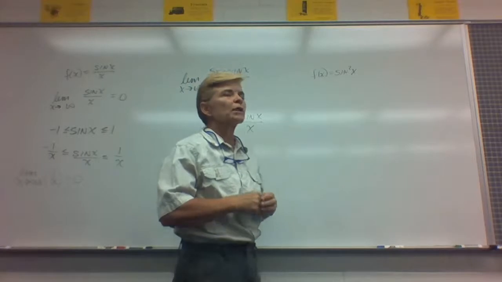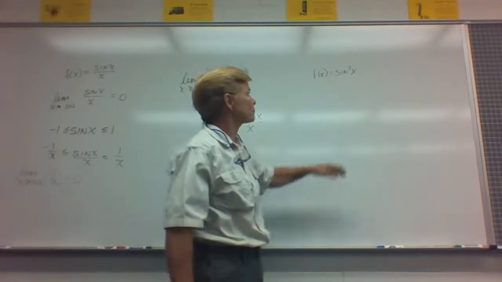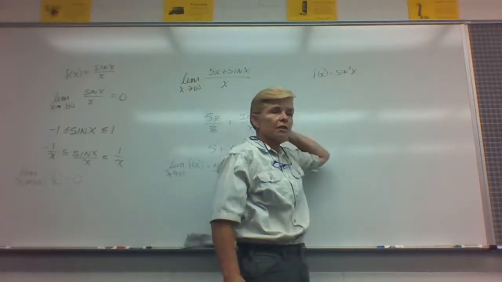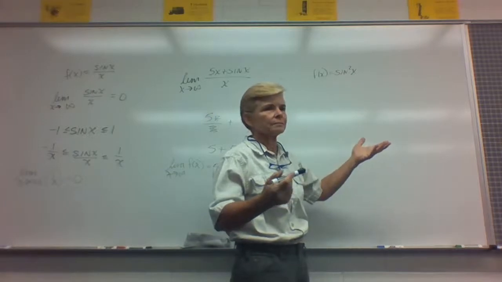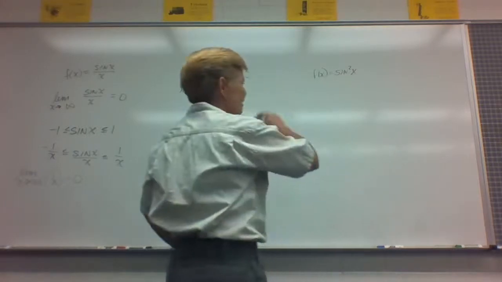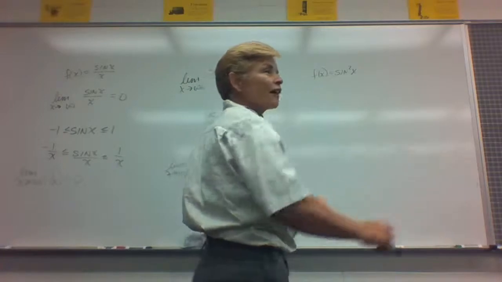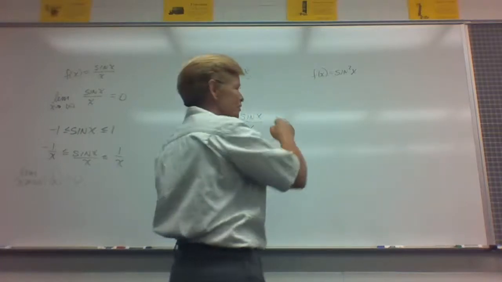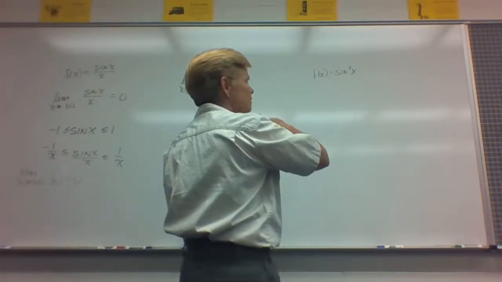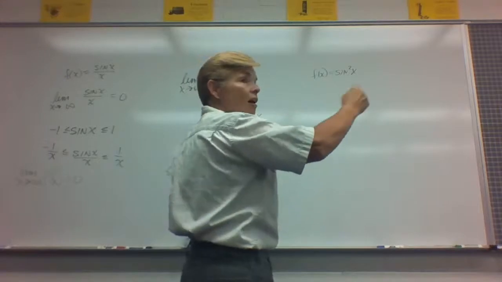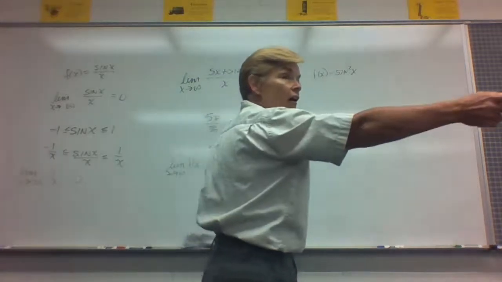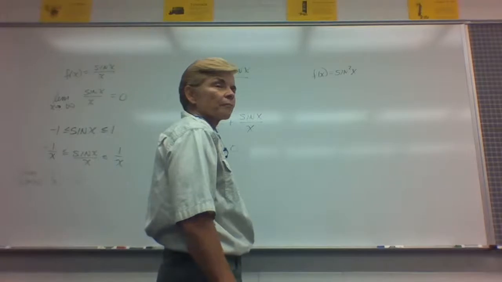As x gets really, really big, what does this function settle on? First of all, what does it look like? It does not look like this, because the values are always positive because you're squaring it. It looks like a normal sine wave shifted up.